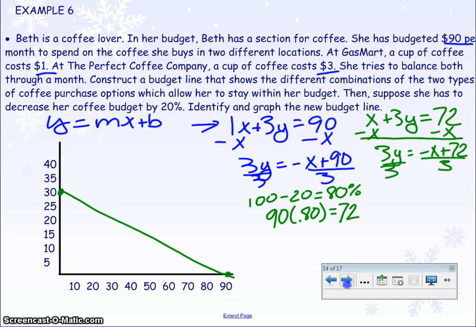Divide by 3, and y equals negative 1/3 x plus 24. So now let's go ahead and graph our second equation. I know that $72 is my budgeted amount, and I know that $24 is my y-intercept. And notice that they are parallel.